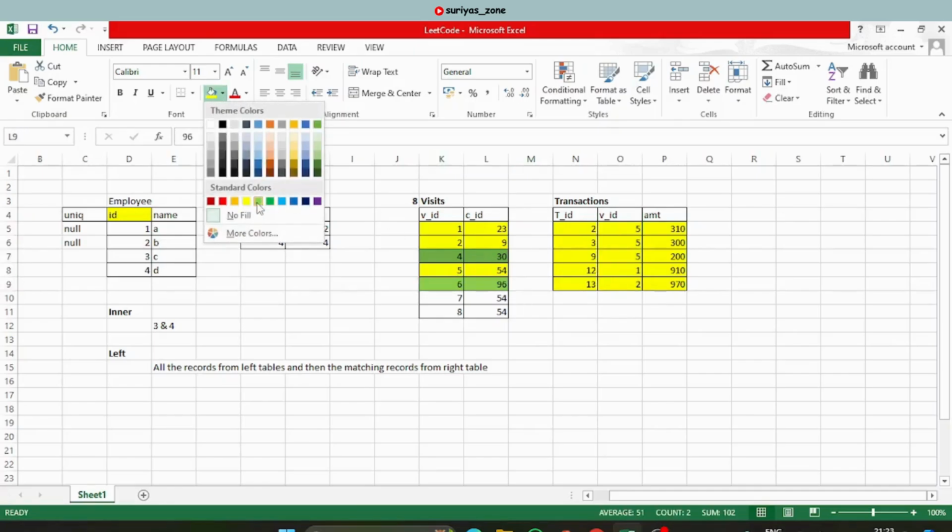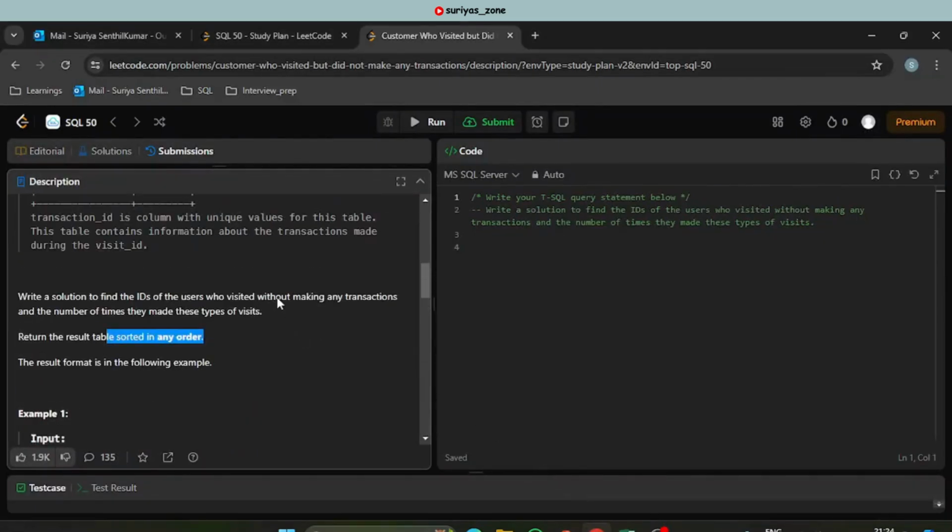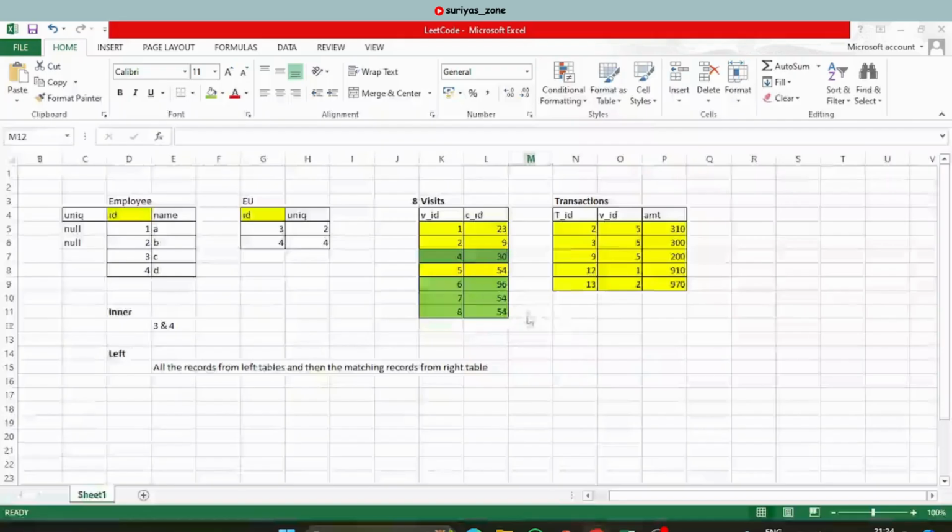And then similarly, the next thing is the guy 54, who visited the mall again tomorrow and the day after tomorrow. Let's say the visit ID is 7 and then the visit ID is 8. Those two are also not present in the transaction table, so these two will also come in the output. Now if you see the problem statement, write a solution to find the IDs of users who visited without making any transactions, which means the users who have not done any transactions.